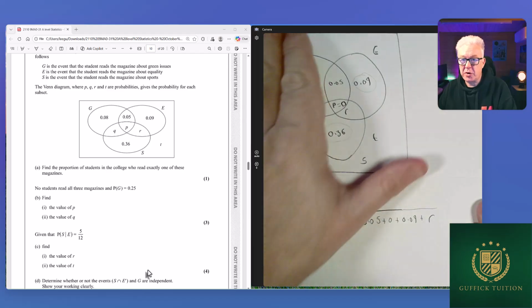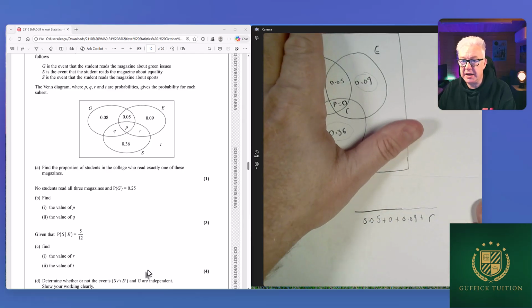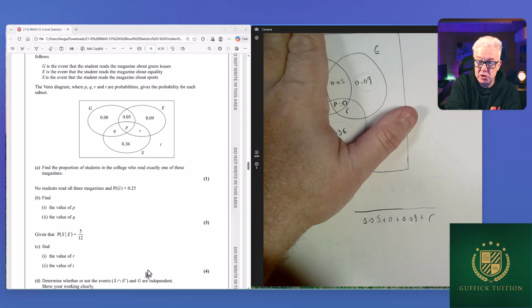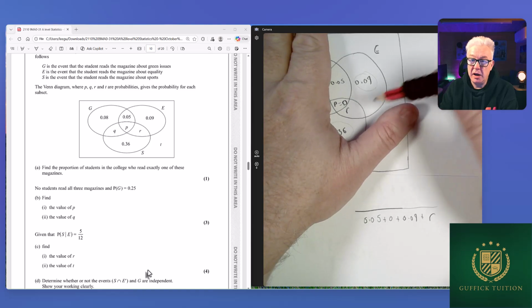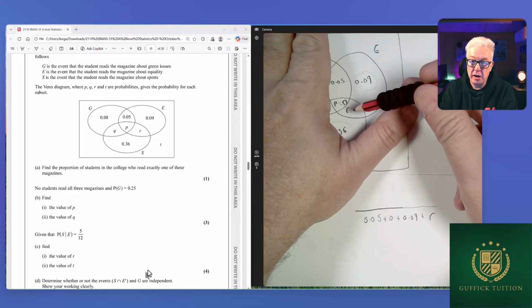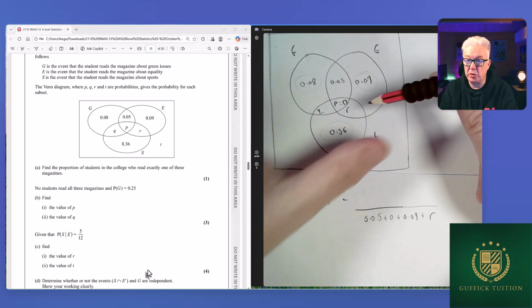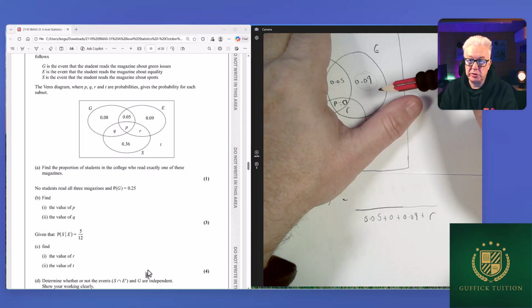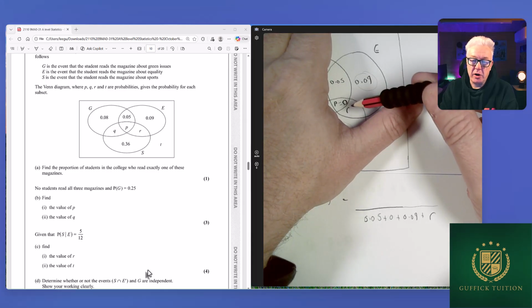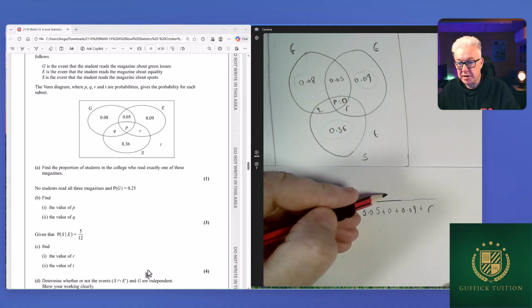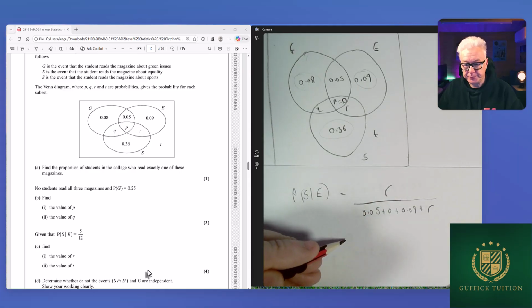Now, the probability of sports given that is just going to be the 0 plus the R, because that's the bit from the sports. So the whole world is boiled down to equality, and of sports and equality, we have R over that whole thing. So it's going to be R over that.